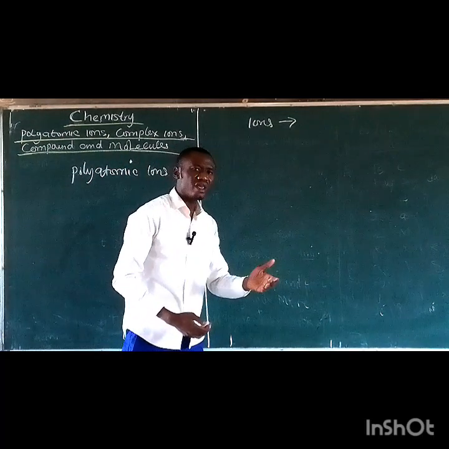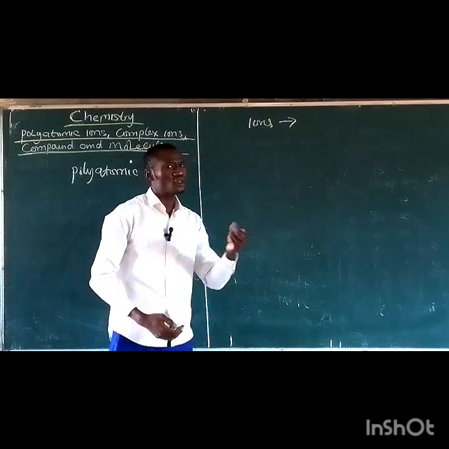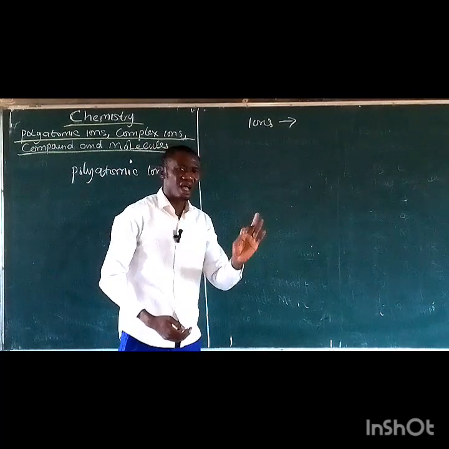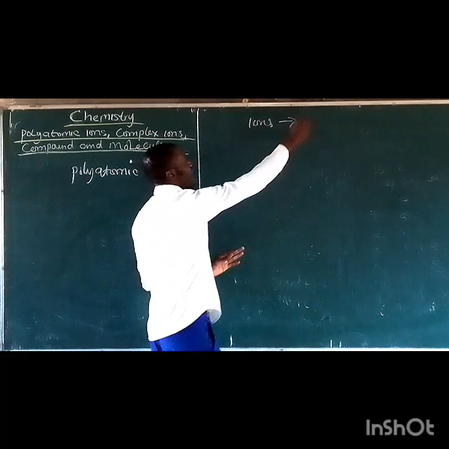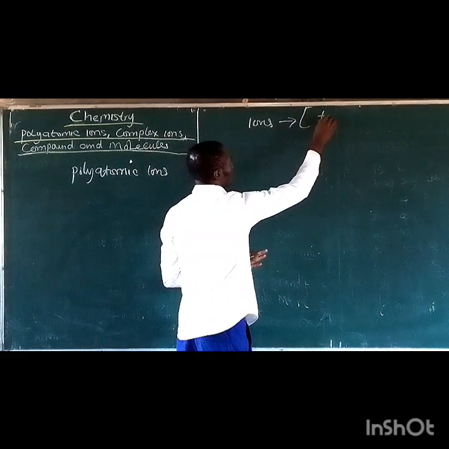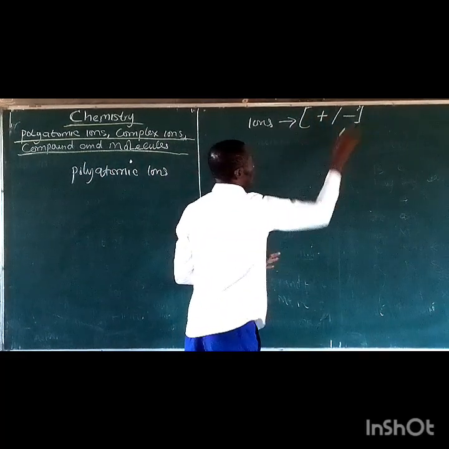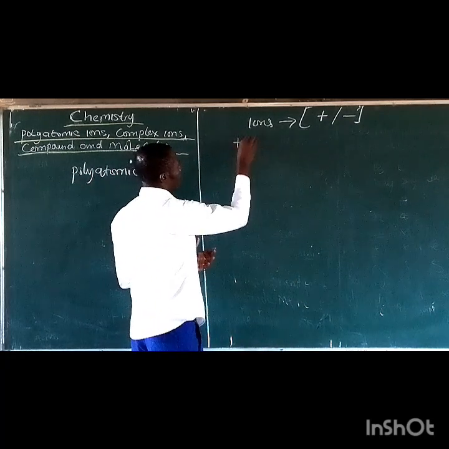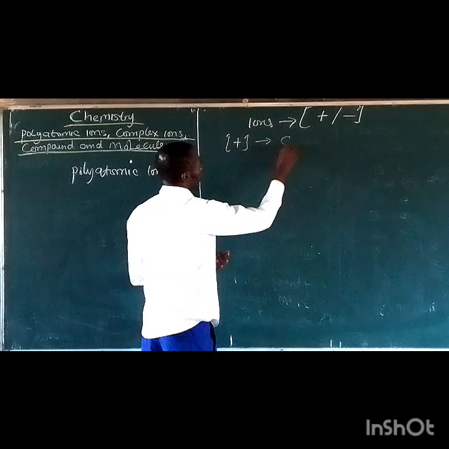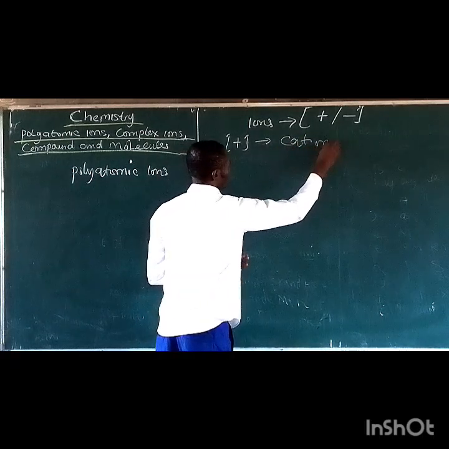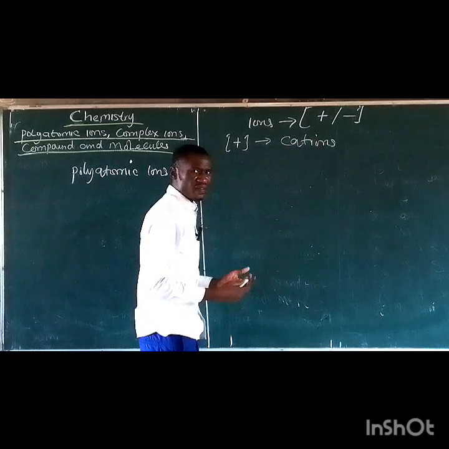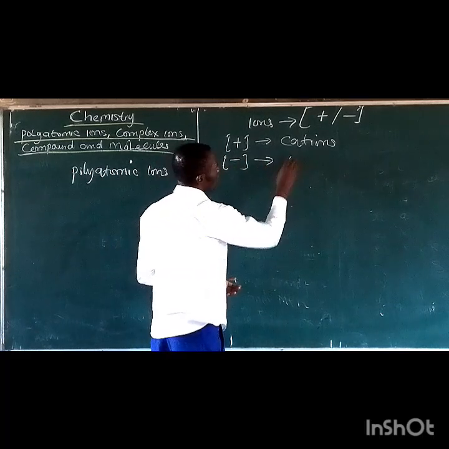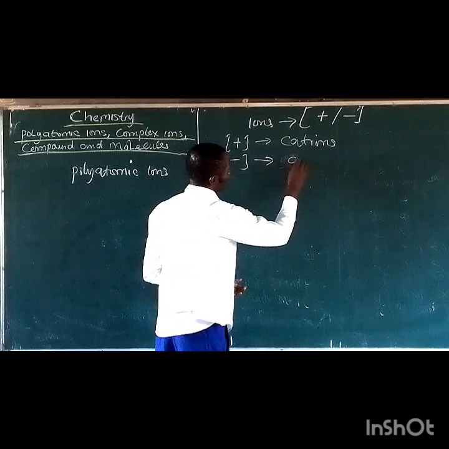Ions are atoms of elements that are electrically charged, meaning they can have a positive charge or a negative charge. If the ion has a positive charge, that is called a cation. If the ion has a negative charge, that is called an anion.